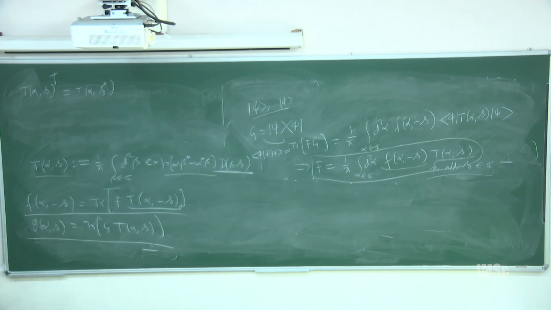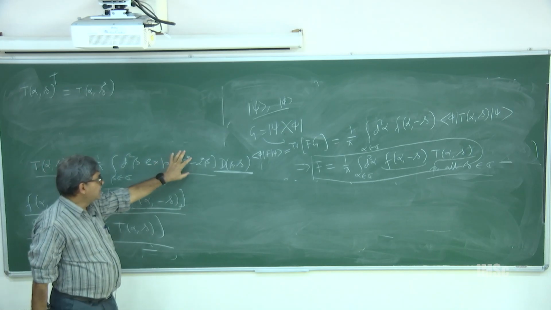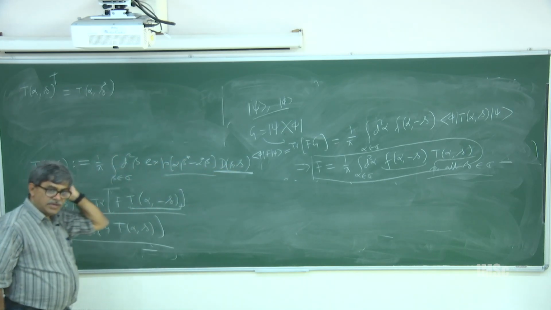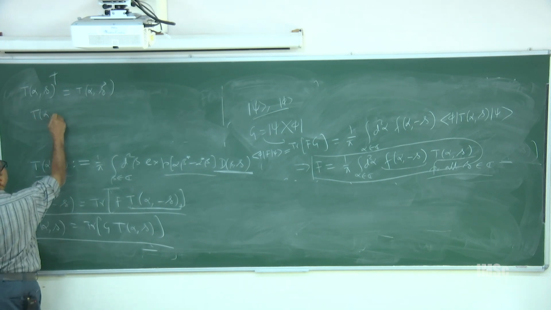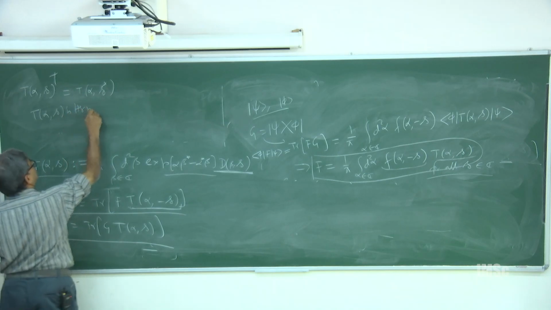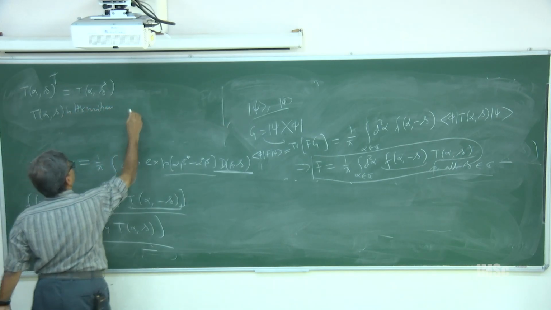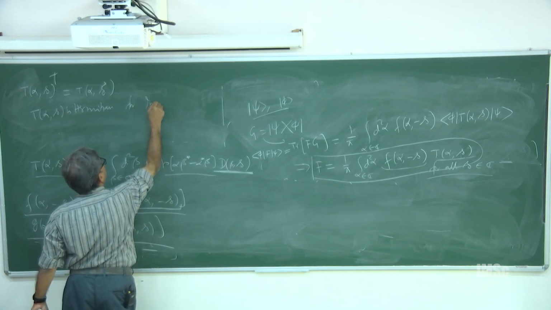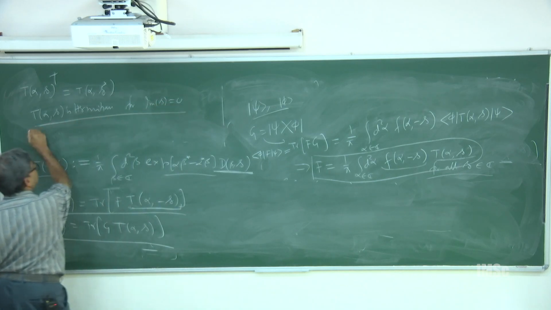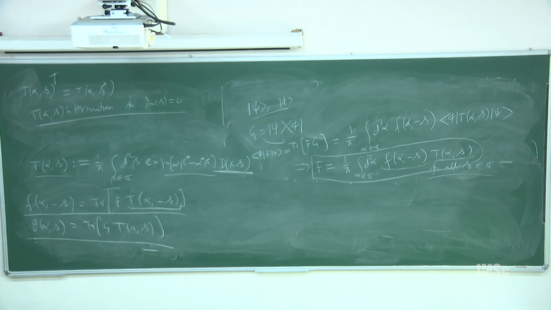Just take the dagger, then this will be complex conjugated and dagger of these, and accordingly you can figure out. So, this means that T of alpha S is Hermitian for imaginary part of S equal to 0, that means for real S. So far so good.